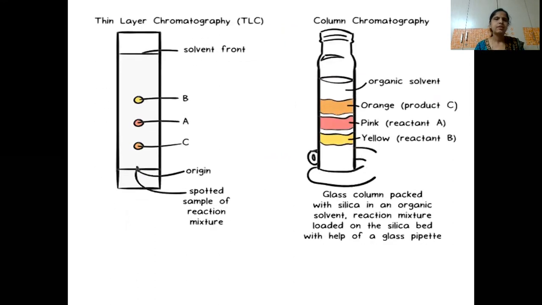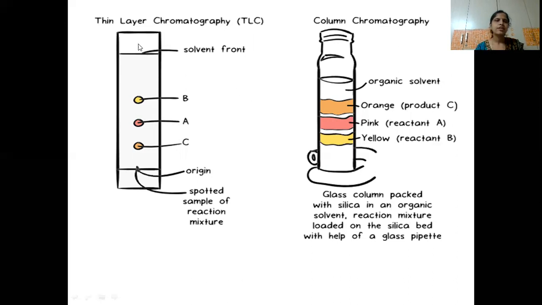Now in this diagram, you can see thin layer chromatography as well as column chromatography. This picture is given here to help you understand the nature of the components present in the mixture, and which component is eluted first or travels at a faster rate.